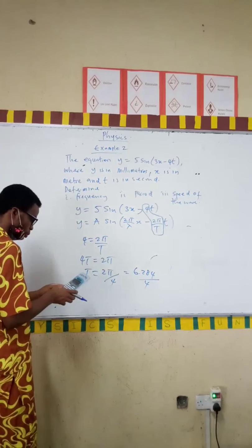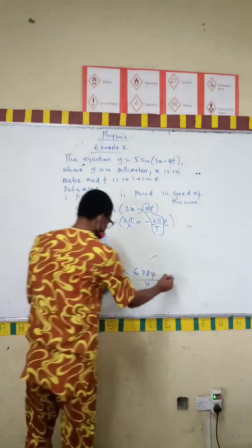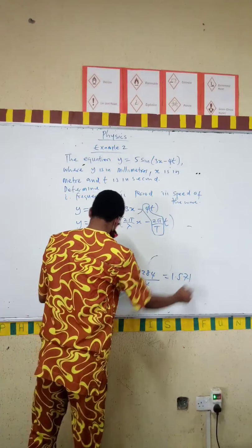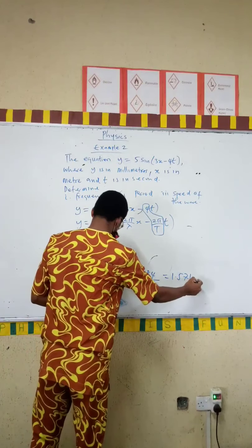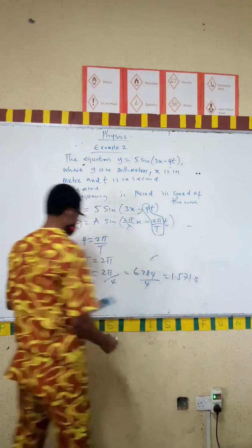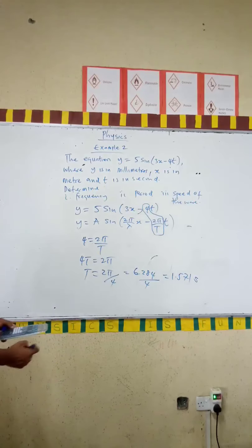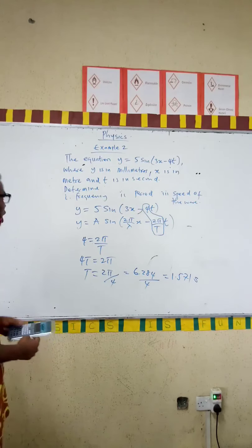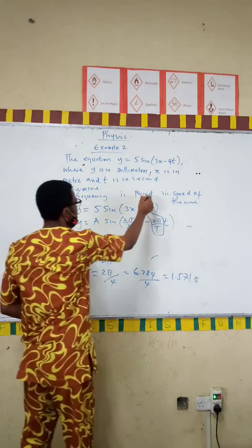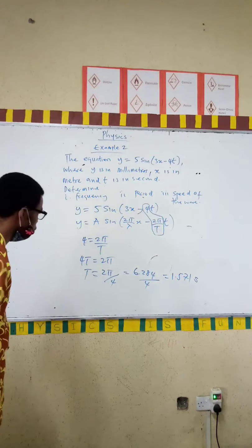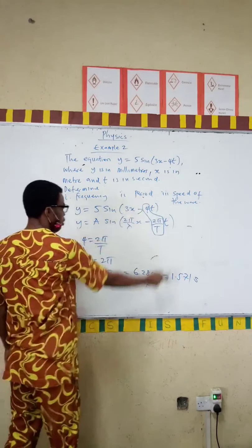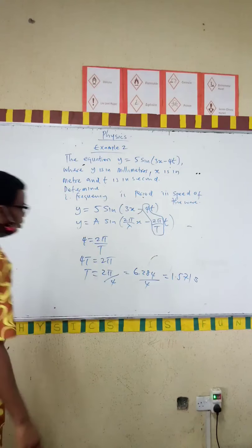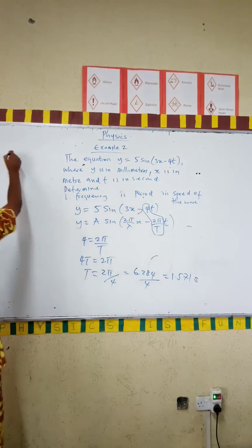That will be 1.571 seconds. So that is my period, and that even gives us the answer of Roman figure 2. So period T is 1.571 seconds.